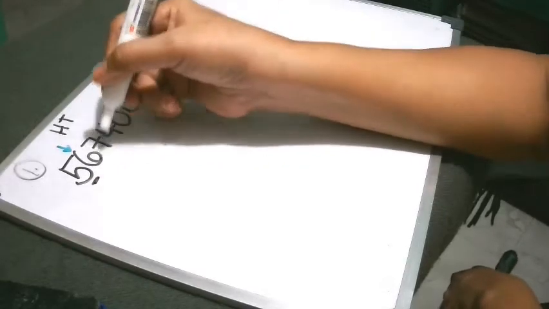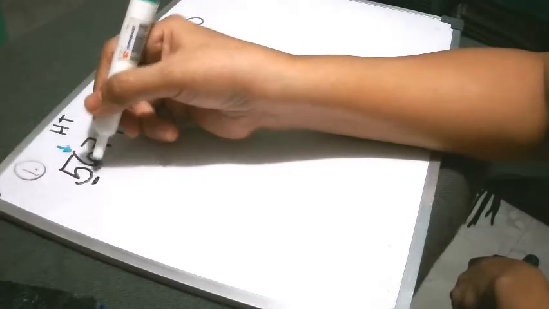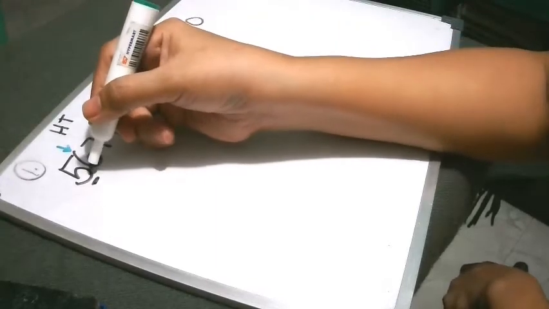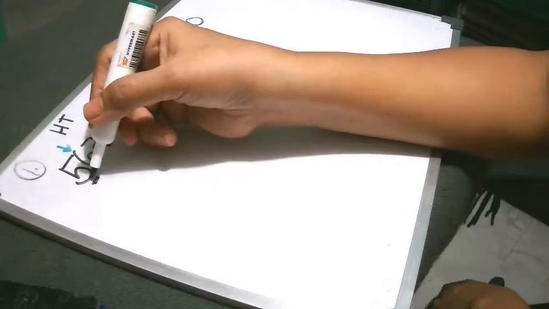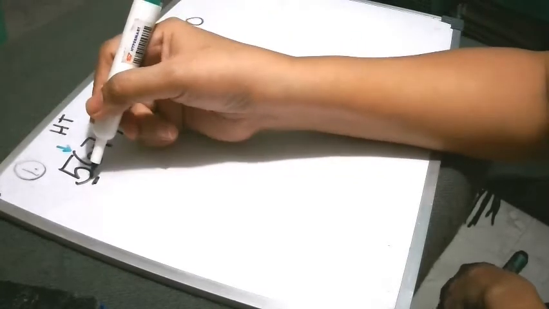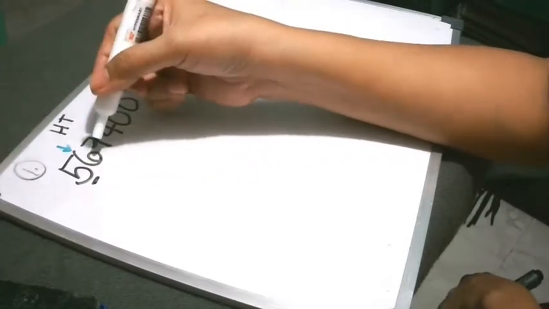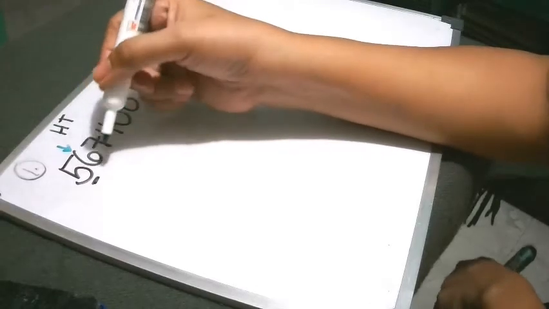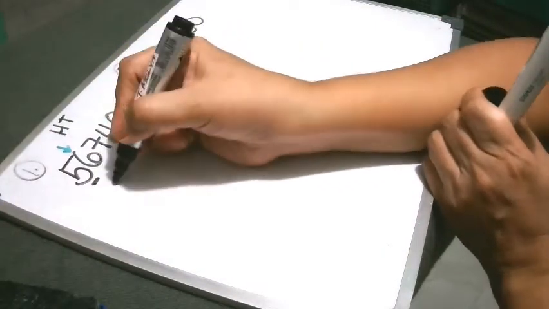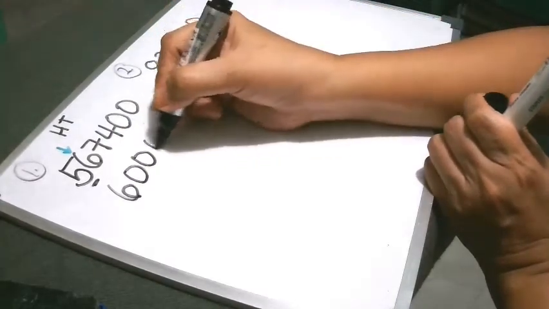The rule of rounding off states that if the number beside it is 5 and above, we are going to add 1 with the number that is asked for. If the number is 4 and below, the number will remain. In this case, we have 6, which is beside 5, so we are going to add 1 with 5. So 5 plus 1 becomes 6. That becomes 600,000.